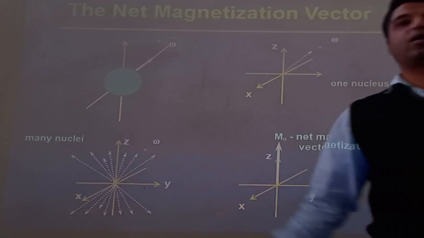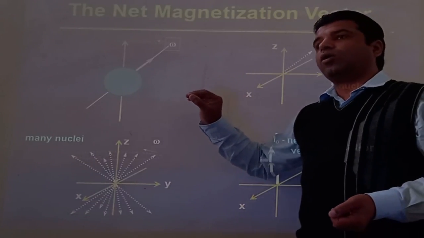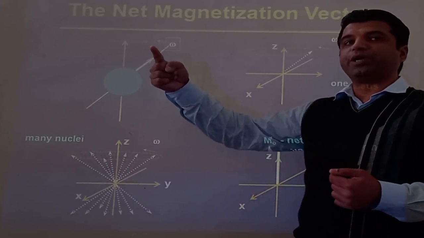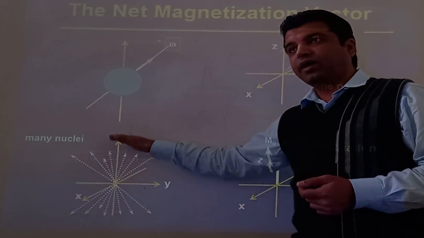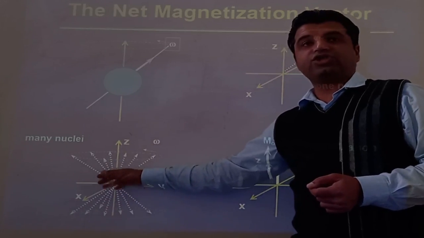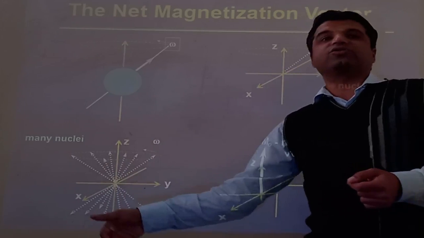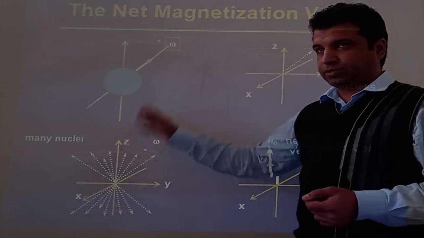Which of them are of lower energy? Those nuclei which are oriented along the direction of B naught have lower energy, which means these nuclei are of lower energy, plus half state, and these are of higher energy, pointing against the direction of the applied magnetic field in the minus half spin state.